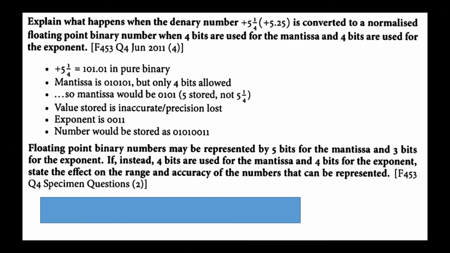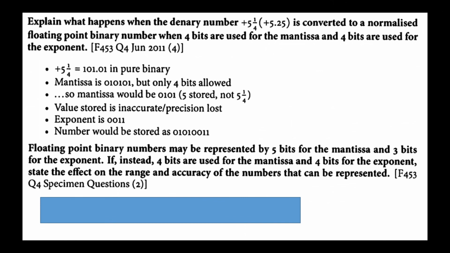In pure binary, it's 101.01, and the mantissa is 010101, but since only 4 bits are allowed, the mantissa would only be 0101, so 5 is stored, but not the 5 and a quarter that it actually should represent.